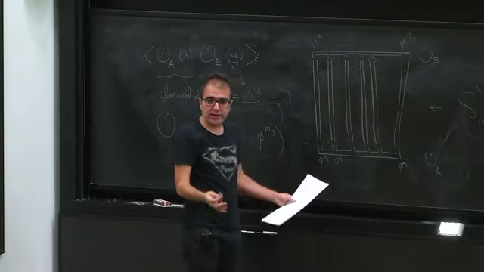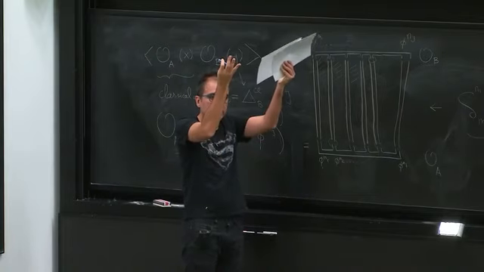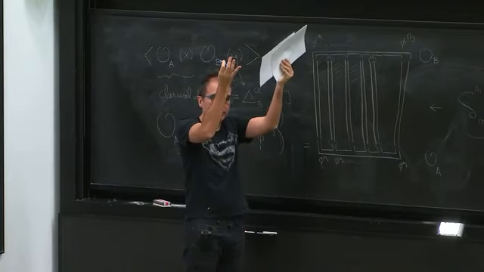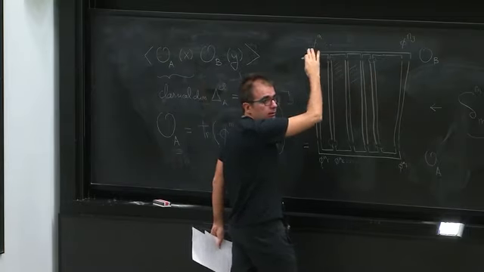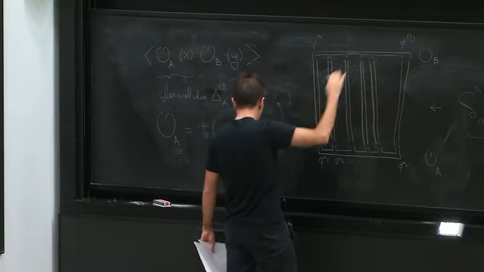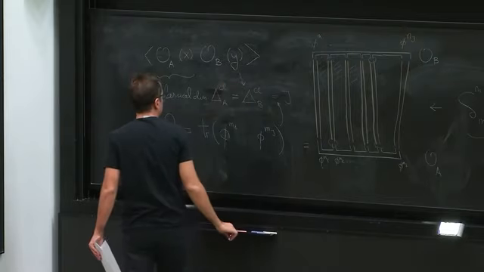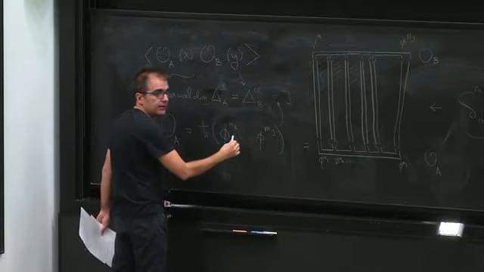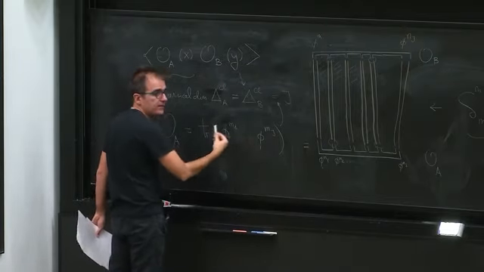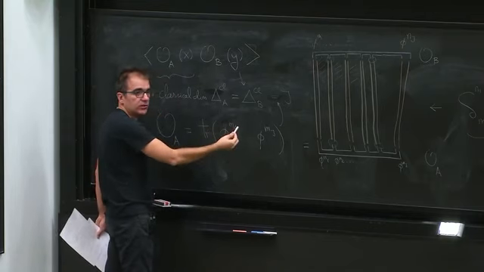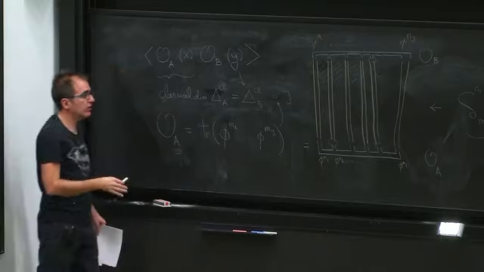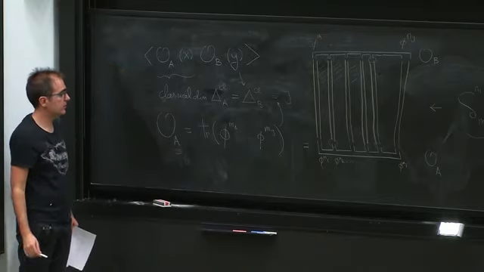And so by planarity, the lines need to connect directly up to up. Now they could all rotate here, right? But since we are dealing with a trace, the state here should be cyclic, and so there should be no difference in rotation. And so we don't need to assume this rotation.